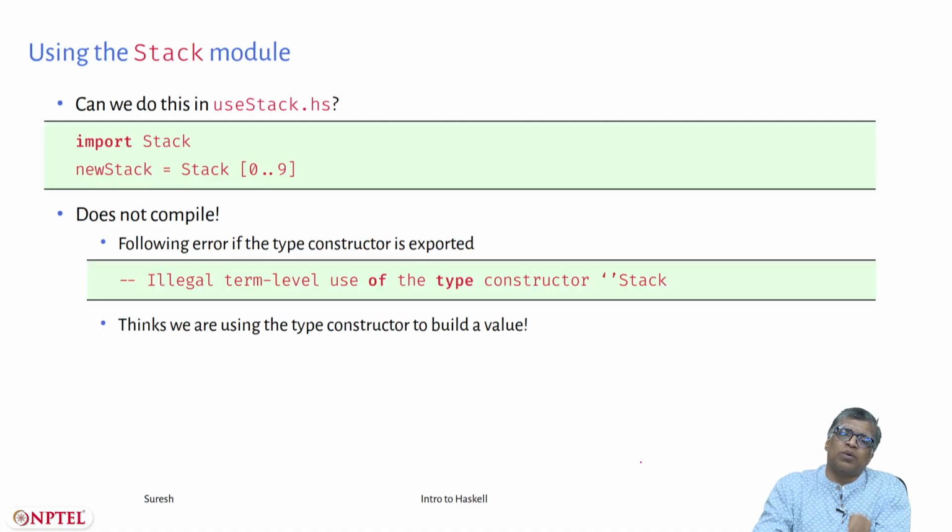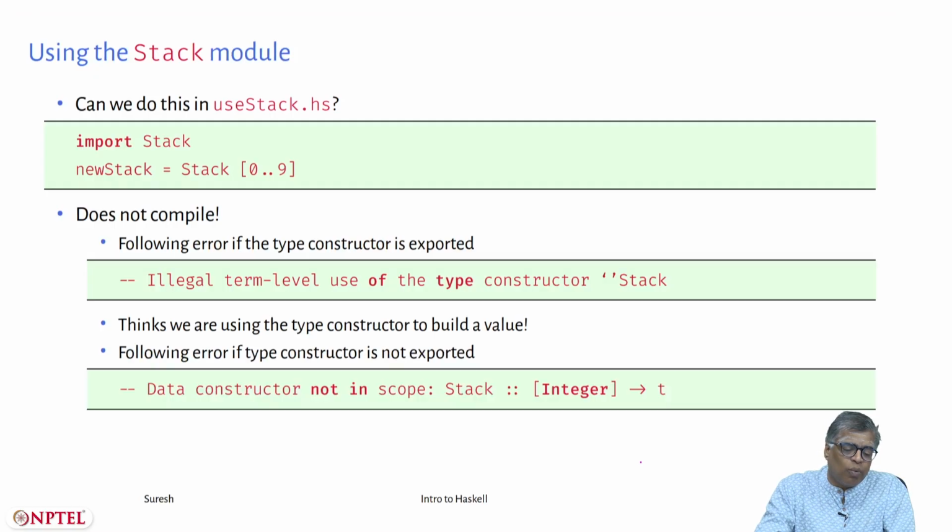That is not possible. If the type constructor is not exported, it will say data constructor not in scope, because at this point it knows that you are trying to use a data constructor, but it doesn't know what this data constructor is. So you should test out all the various permutations and combinations here.